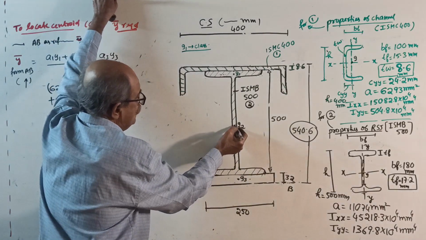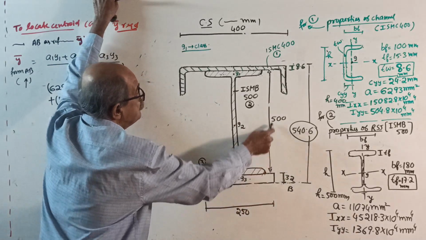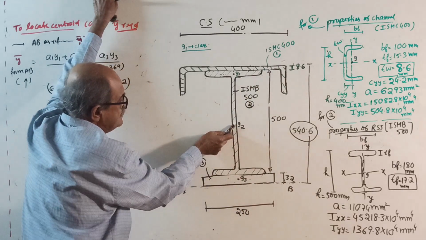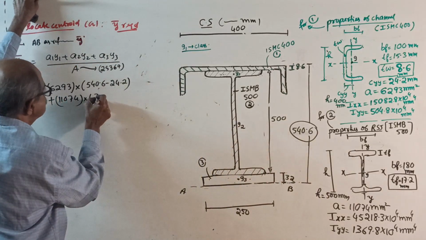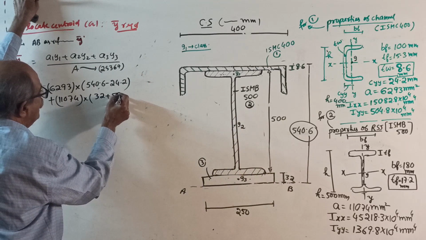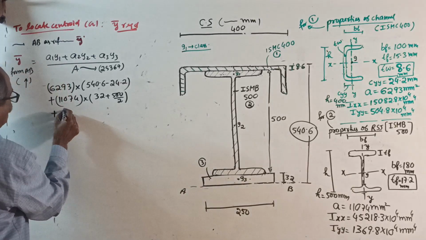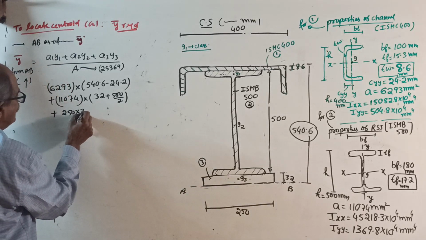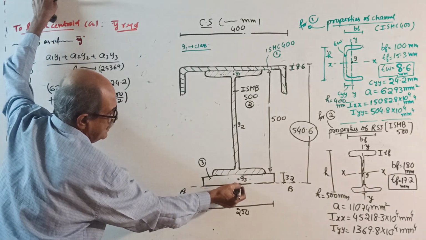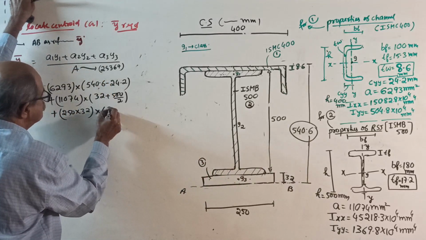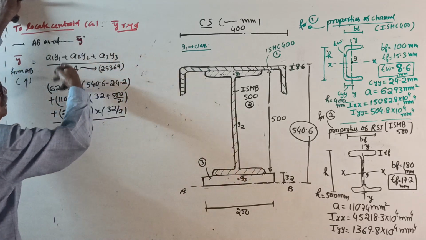Y2 is centroid G2 from here, 32 plus, this is full 500. Centroid is midpoint, so 32 plus 500 by 2. A2 by 2 plus A3, rectangle 250 into 32, last area A3 into Y3. This centroid from here is directly 32 by 2. This total divided by the total area.